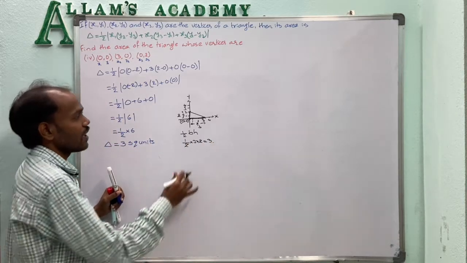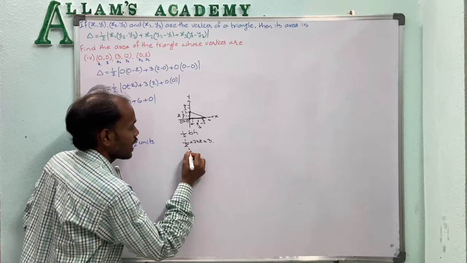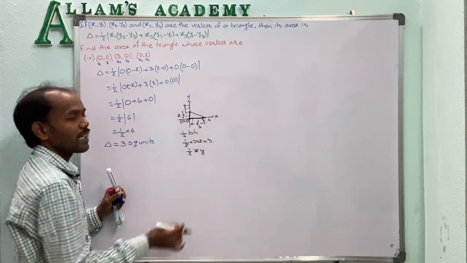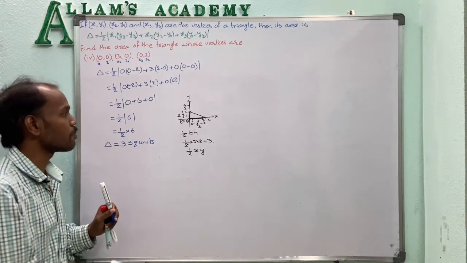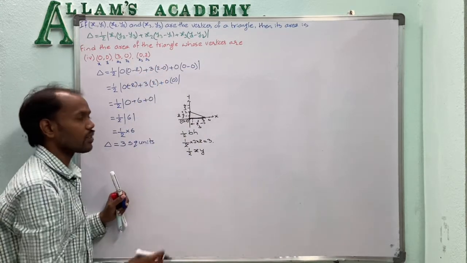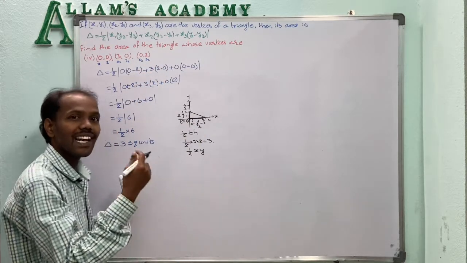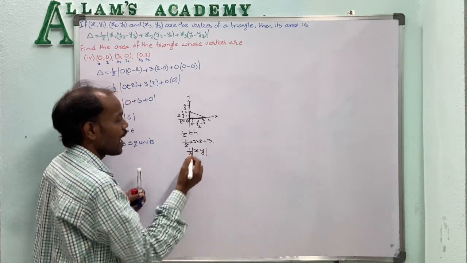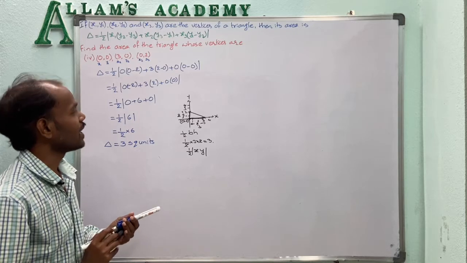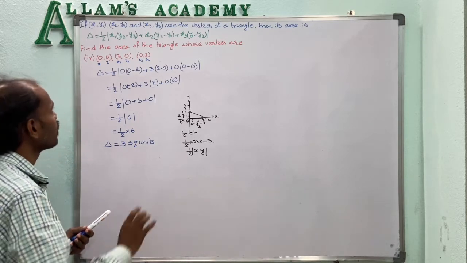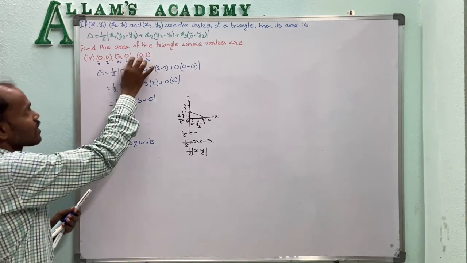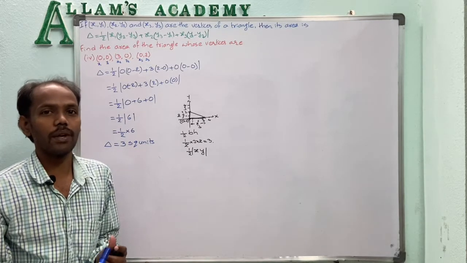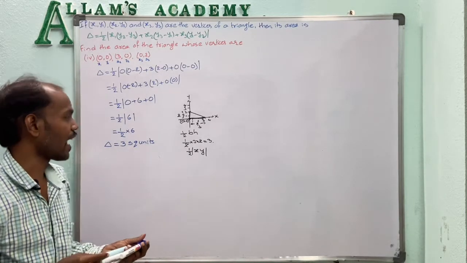Same result only. That means here we took it as half into xy, but the coordinates may be negative numbers also, so to get a positive result we take half mod xy. It is the principle for when the origin, a point on the x axis and a point on the y axis are given, for the area of the triangle.